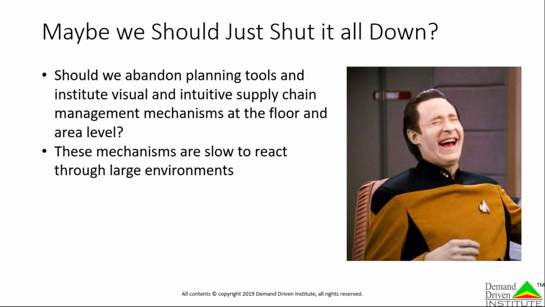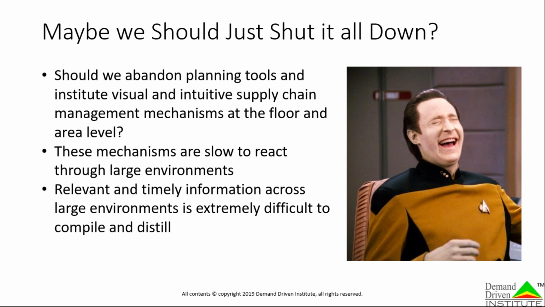The problem is that these mechanisms are extremely slow to react throughout large environments. And that's why oftentimes you see lean implementations compartmentalized to only certain parts of a company or certain parts of a plant. And relevant and timely information across these large environments is extremely difficult to get and discern and then actually read what is actually happening and react to it soon enough.